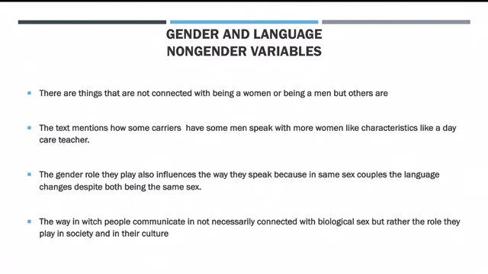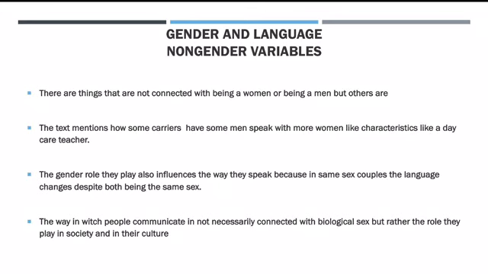The text mentions how some careers may have certain men have more woman-like characteristics when it comes to speaking. So, for example, a male daycare teacher may have a more feminine approach of having conversations just because of the simple matter that that career involves a more personal way of understanding people that most men may not typically be used to.